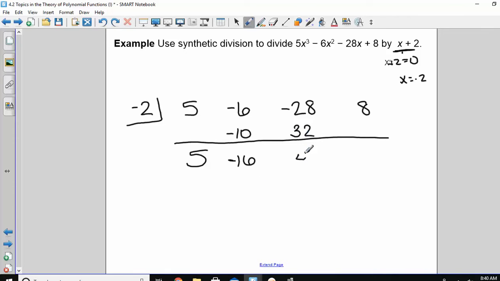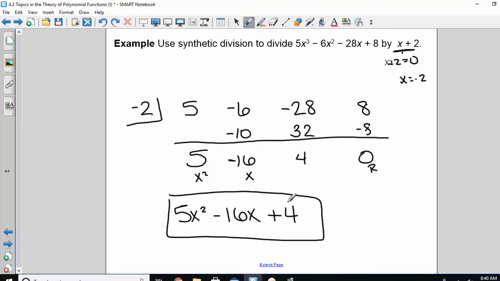Add, we get 4. 4 times negative 2 is negative 8. Add, and we get 0. So this is my remainder, my constant, x, and x squared. My answer is 5x squared minus 16x plus 4. Since my remainder is 0, I don't have to put that. So that's our final answer.